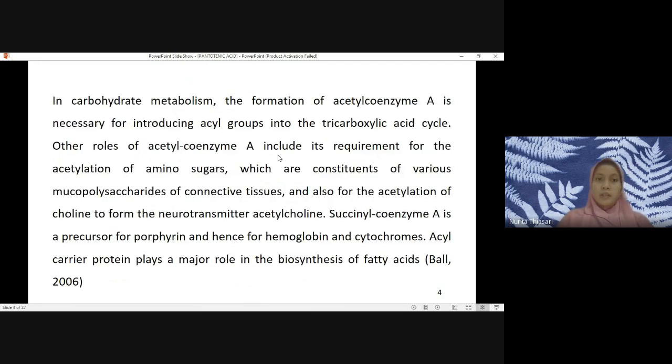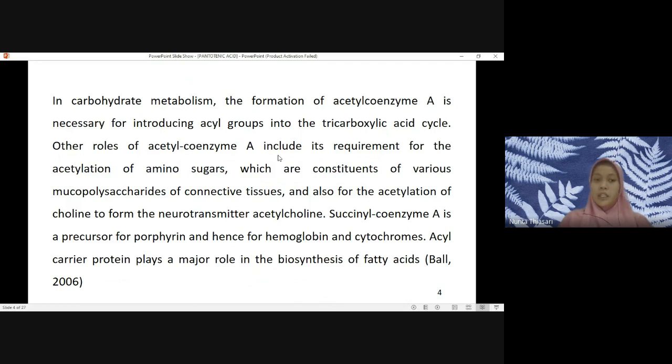In carbohydrate metabolism, the formation of acetyl coenzyme A is necessary for introducing the acyl group into the tricarboxylic acid cycle. The role of acetyl coenzyme A includes its requirement for the acetylation of amino sugars, which are constituents of various mucopolysaccharides of connective tissue, and also for the acetylation of choline to form the neurotransmitter acetylcholine.